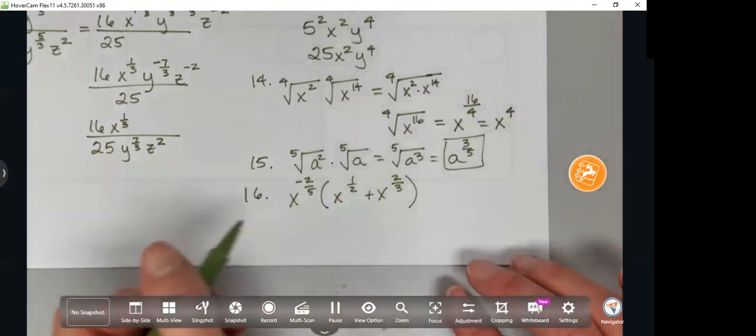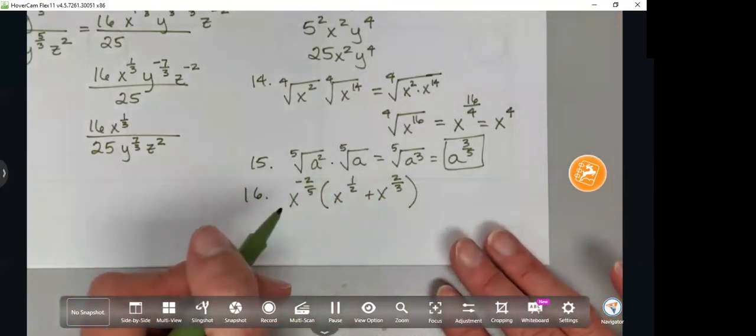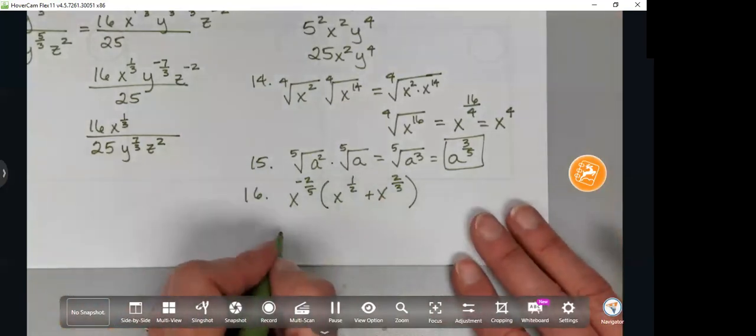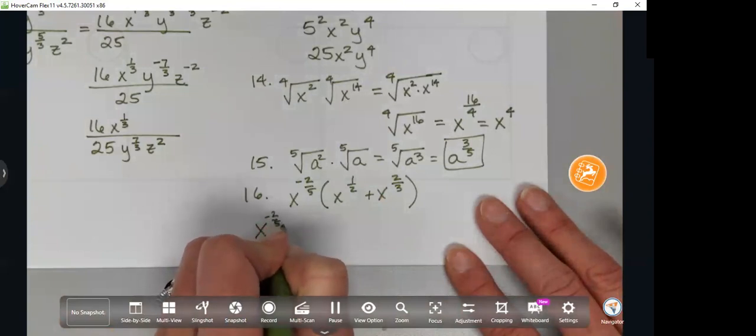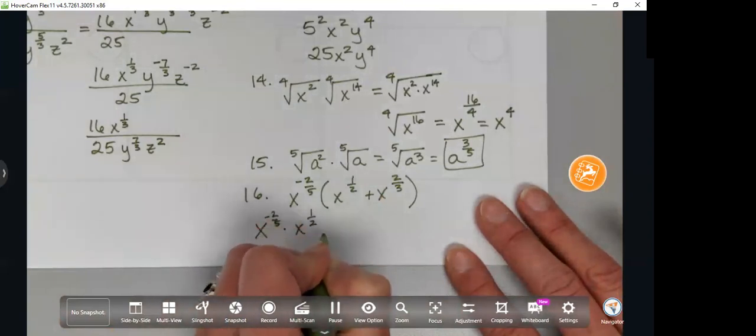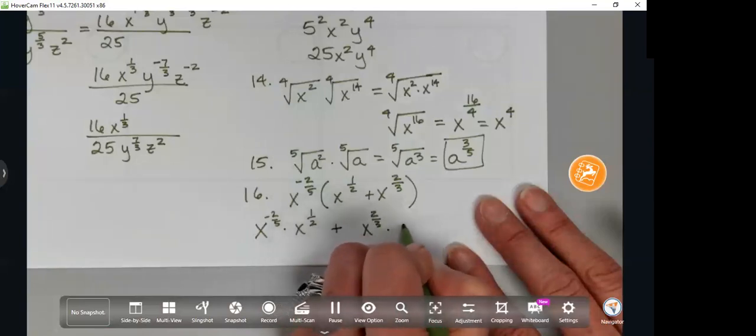Now, here's where you really just have to keep in mind, when you're multiplying, you add, right? So now we need to add some fractions. So this is going to be x to the negative 2/5 times x to the 1/2 plus x to the 2/3 times x to the negative 2/5.